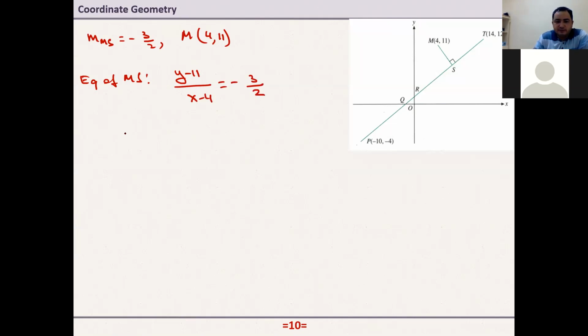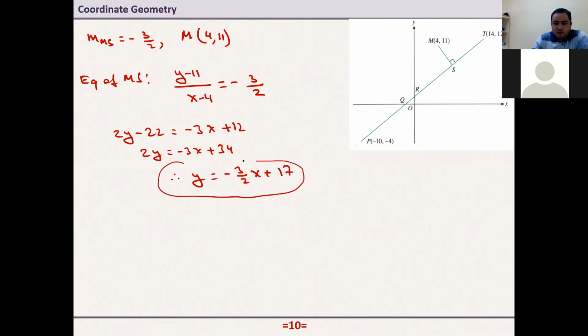Or that's equal to 2y minus 22 equals minus 3x plus 12. Or 2y equals minus 3x plus 34, so y is equal to minus 3 over 2 x plus 17. That is the equation of MS.